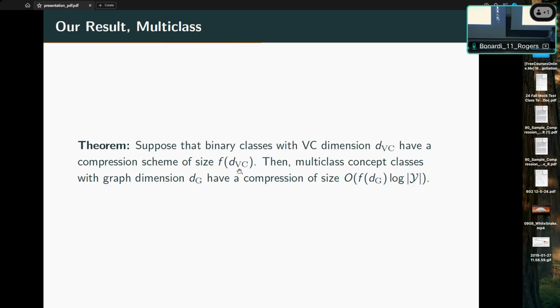For example, if we solve the VC conjecture, then that would mean that there's a graph dimension times log Y compression scheme for multi-class. And an open problem is, can this log Y term be removed in general? I'll mention later we do resolve this in certain cases, but this is still open in general.